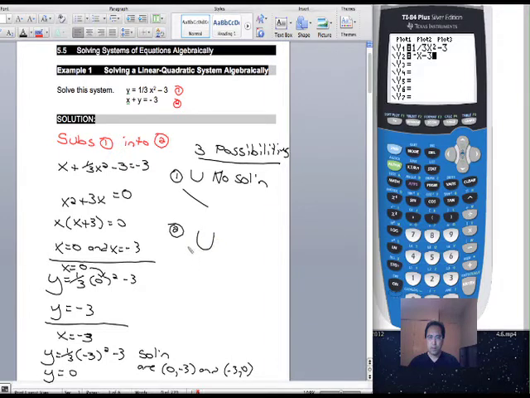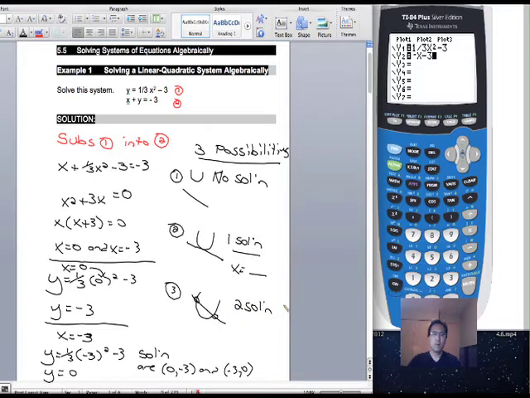There's another situation where the line will touch the parabola in just one point, so this will be one solution. That'll be like x equals a number if you're solving for it. And then the third one, which is this kind of situation here, where there's 2 solutions, one here and one there. So those are the 3 possibilities.